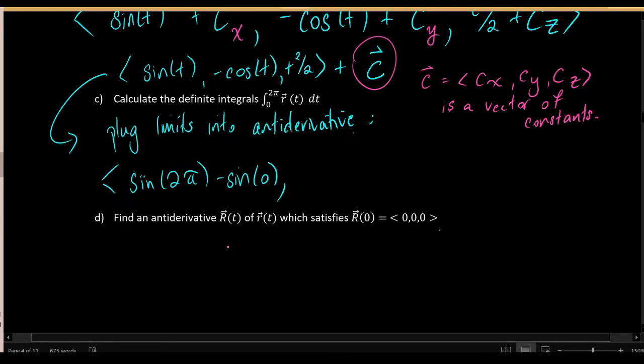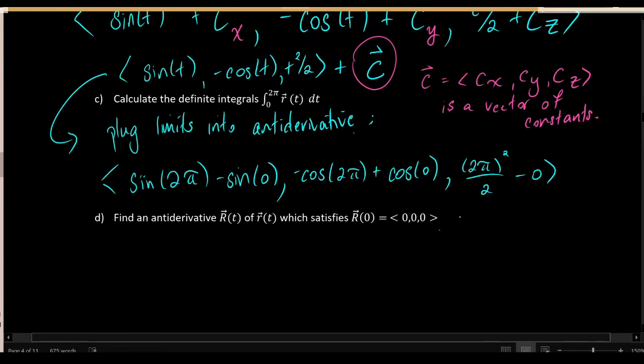Moving to the y component, I get negative cos 2 pi, take away negative cos 0. And then moving to the z component, I get t squared over 2, so 2 pi squared over 2, take away 0 squared over 2, which is 0.